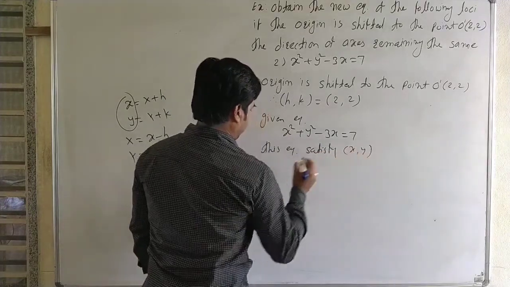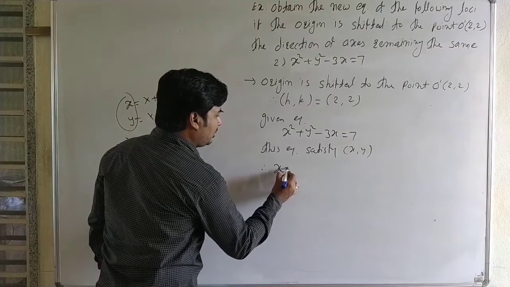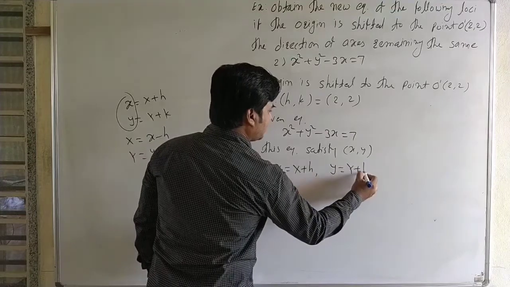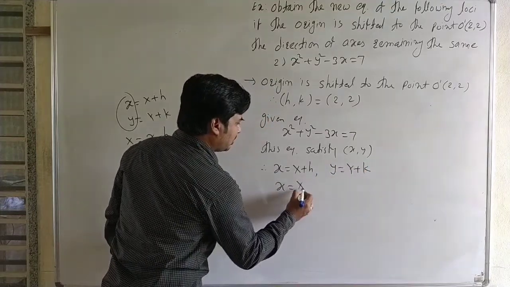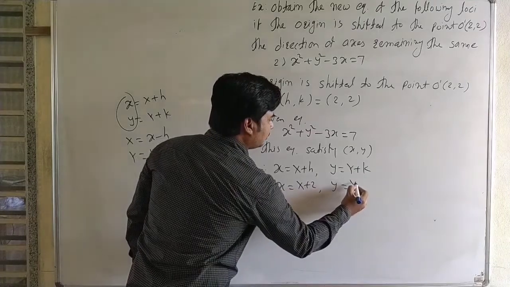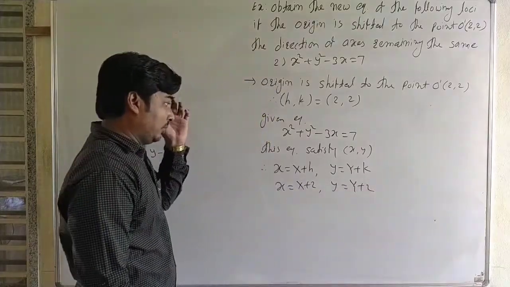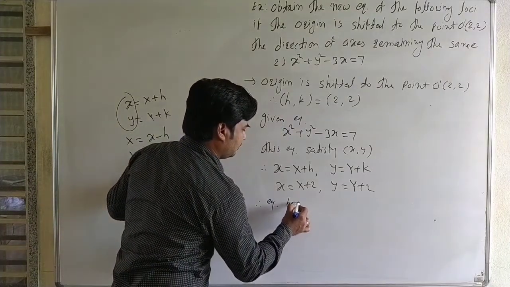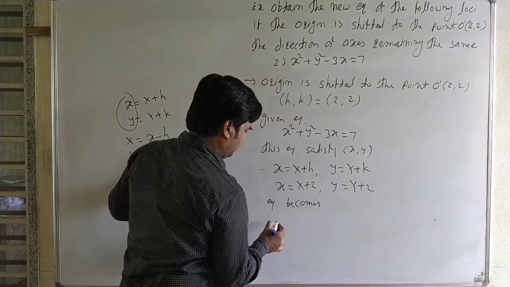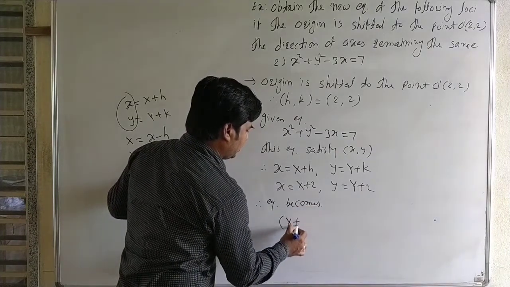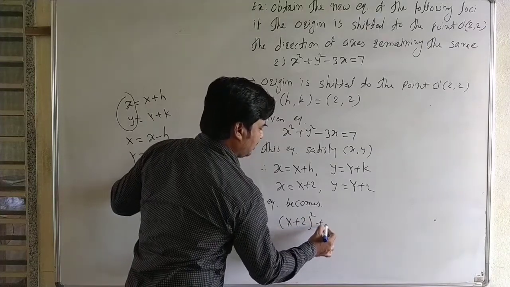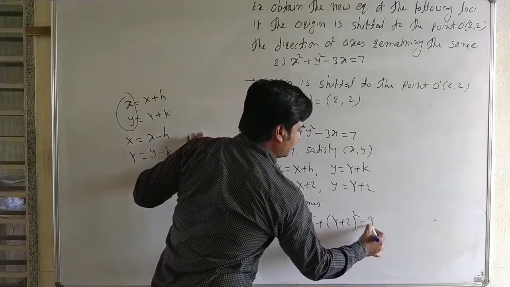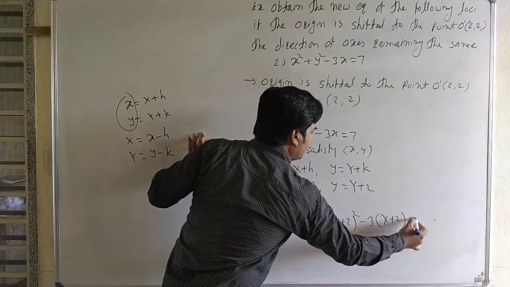Then the new coordinates: small x is equal to capital X plus h and small y is equal to capital Y plus k, and then x is equal to X plus 2 and y is equal to Y plus 2. Okay, now put the values in the equation. Therefore the equation becomes (X plus 2) whole square plus (Y plus 2) whole square minus 3 into (X plus 2) is equal to 7.